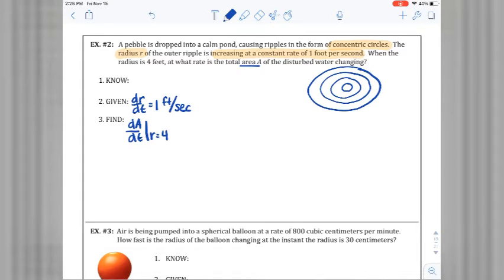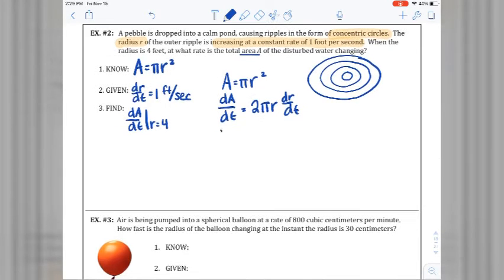And we know that if we're finding dA/dt, we're probably going to want an area formula. These are circles, so I know A is pi r squared. So then dA/dt is 2 pi r dr/dt.